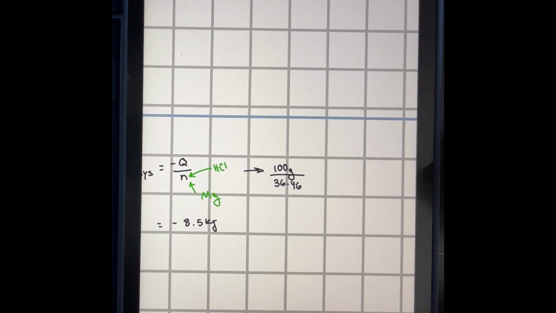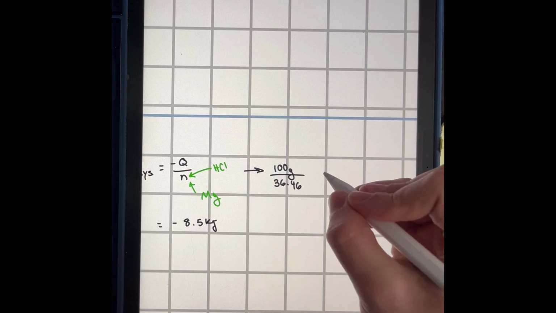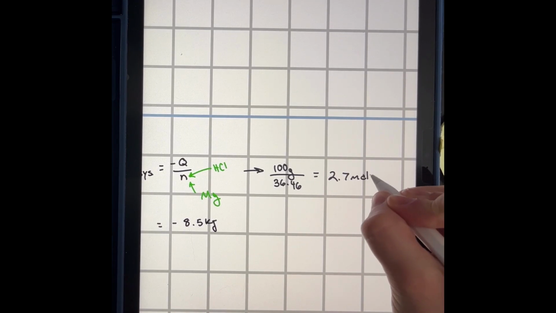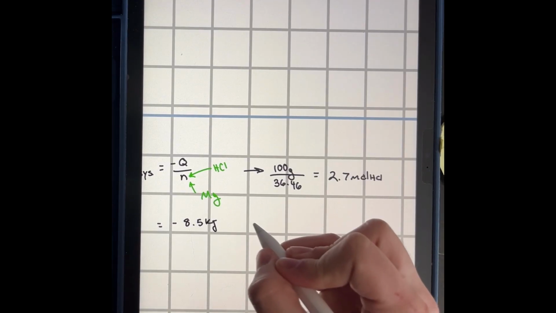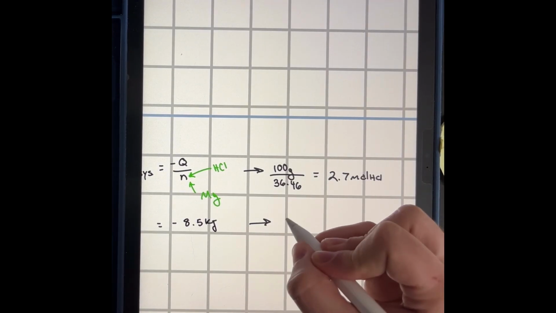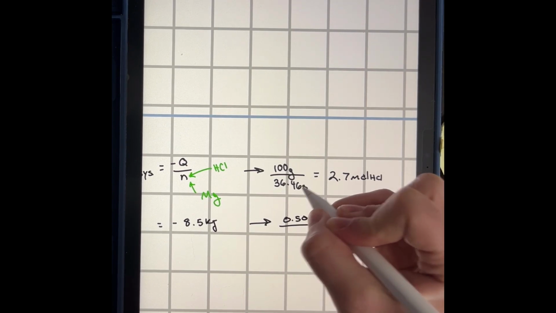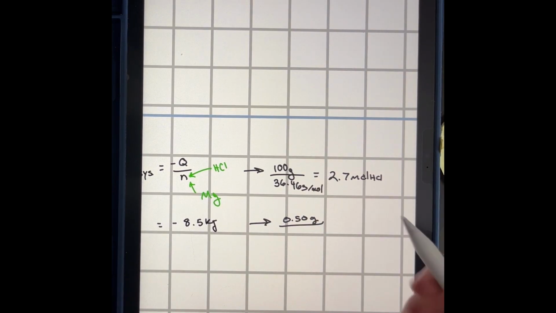So let's find the moles of that. 100 divided by 36.46, so we have 2.7 moles of HCl. And then let's do Mg as well. Mg was 0.5 grams, and the molar mass is grams per mole, so it'll cancel out.